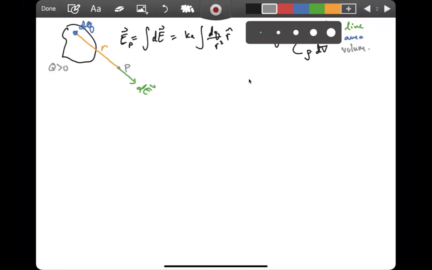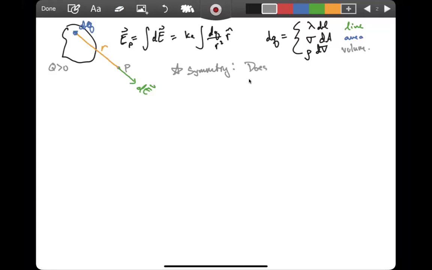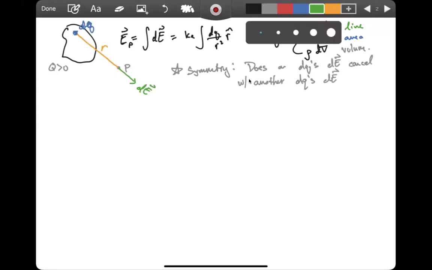And again, what we want to look for is symmetry. Basically, we want to see if there's anything symmetric that cancels with anything else, meaning does a dq's dE cancel with another dq's dE. We saw plenty of examples of this in class.